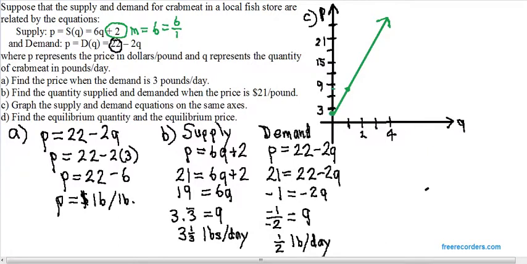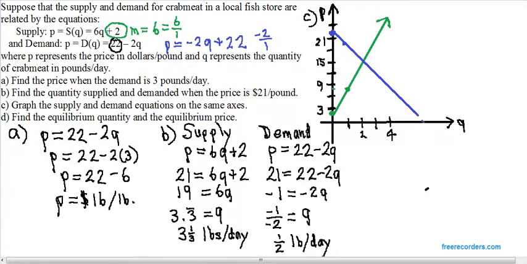Now let's graph the demand equation P equals negative 2Q plus 22. The y-intercept is 22, which would be right there, and the slope is negative 2 over 1, which means you would go down 2 to 19 and to the right 1, and you could then get your demand line, which is going to look like this.